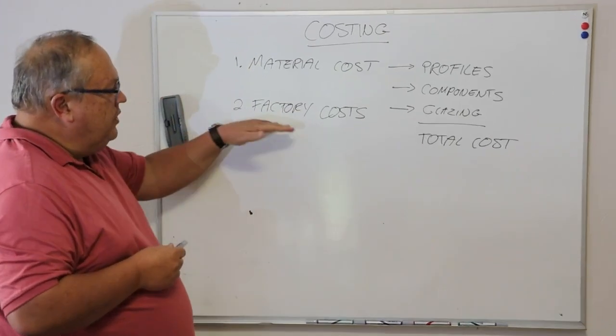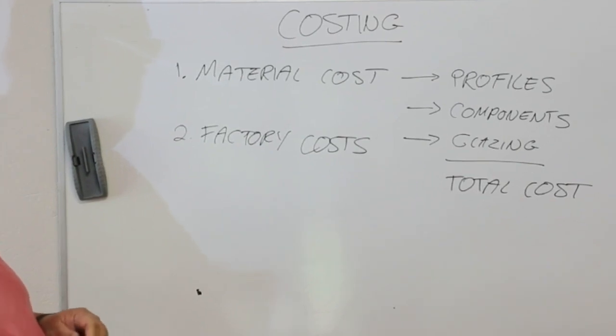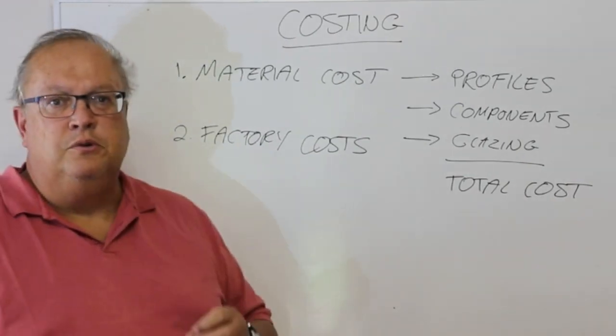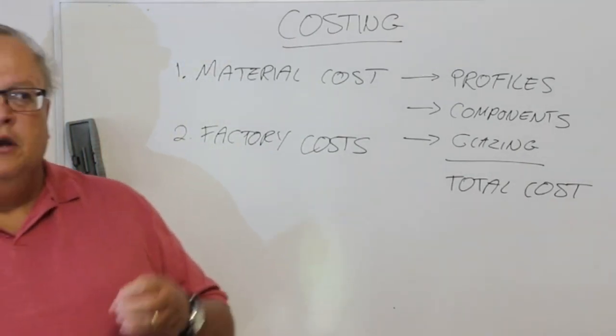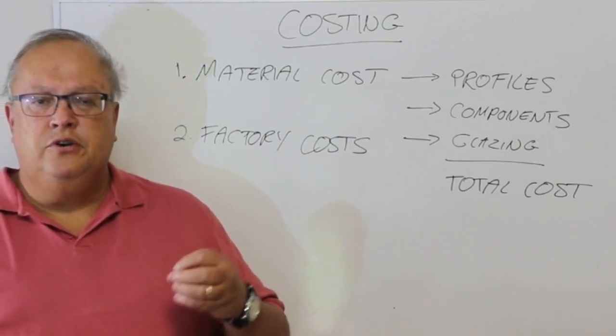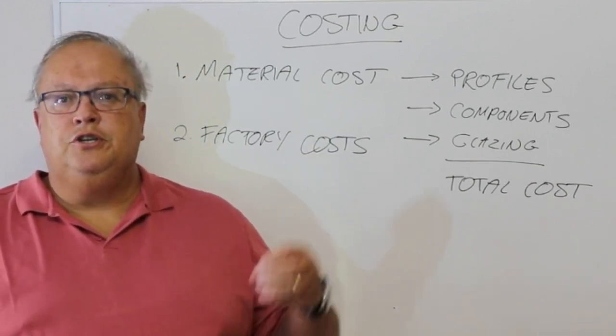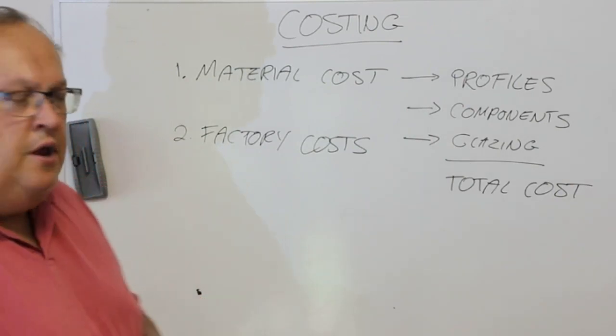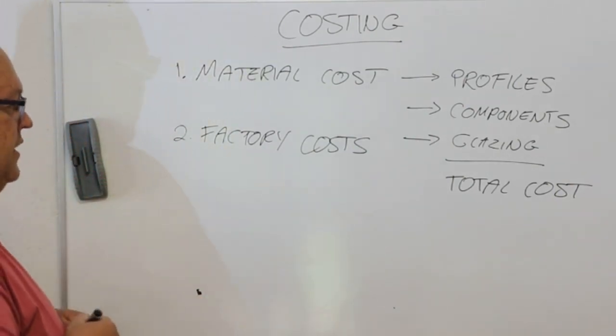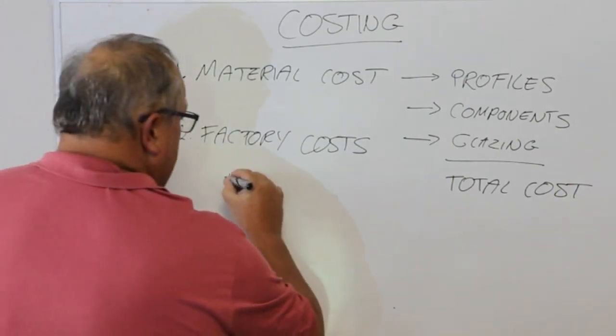So in order to work out your factory costs, one of the most important things is to try and allocate an accurate amount of factory time to each window that's manufactured. And fortunately, StarFront does this automatically for us.